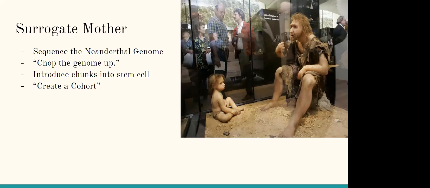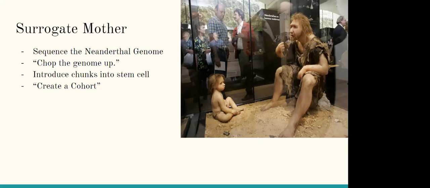Step 2 would be to chop the genome up, and then you take the chopped genome and synthesize it into a human stem cell. In doing this, you develop a stem cell line that eventually gets closer and closer to the sequence of a Neanderthal. This is a process described by George Church, who's a Harvard professor of genetics.